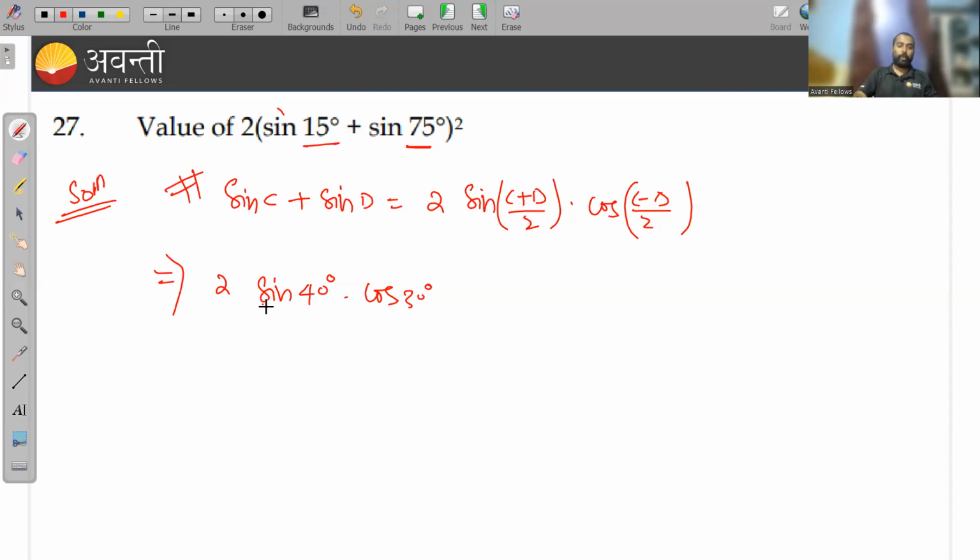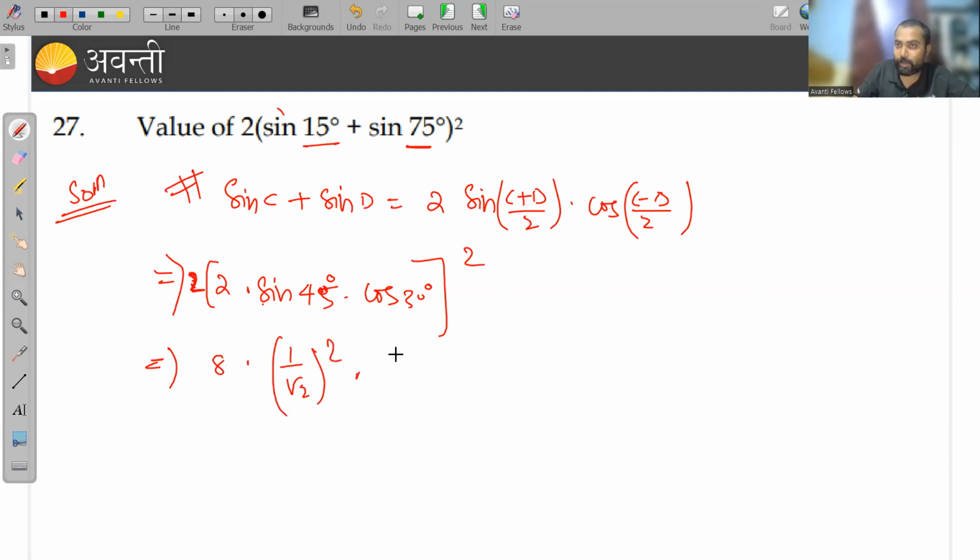So this is 2, and another 2 we are having outside. The square is also given, so 2 into 2 square is 8, and this is actually sin of 45, which is 1 by root 2, squared, into cos of 30, which is root 3 by 2, squared. So this is equal to 8 into 1 by 2 into 3 upon 4.